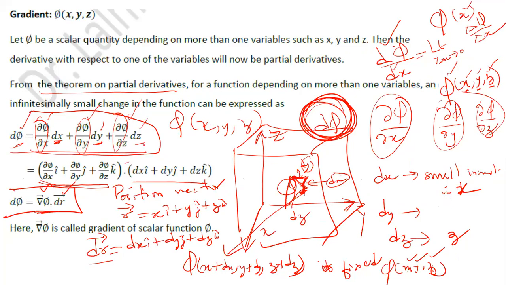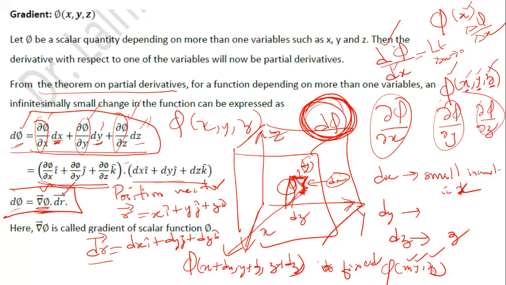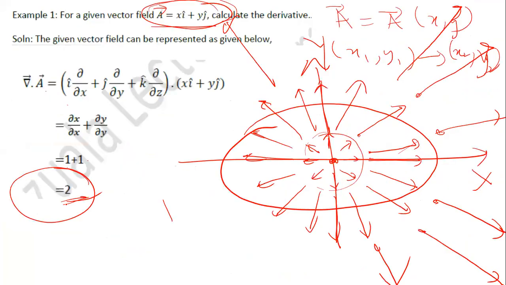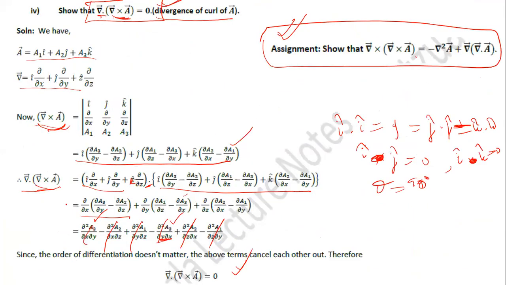You remember that. In this case, this quantity you can write as a dot product between this and this. So you can write d phi as grad phi dot dr. This is what we have discussed in the Cartesian system. Any change in phi can be written as grad phi dot dr. So that is what we already know.